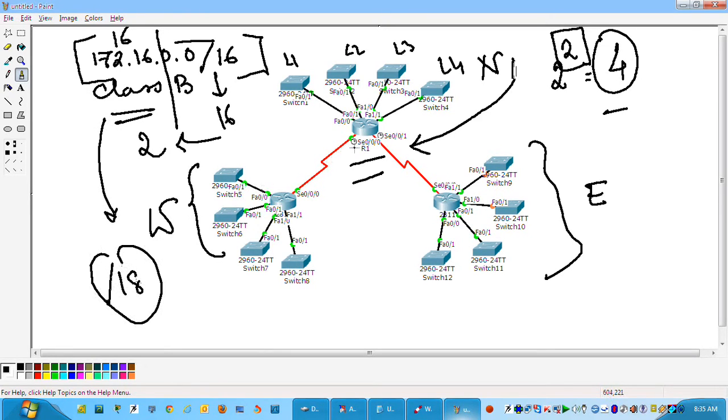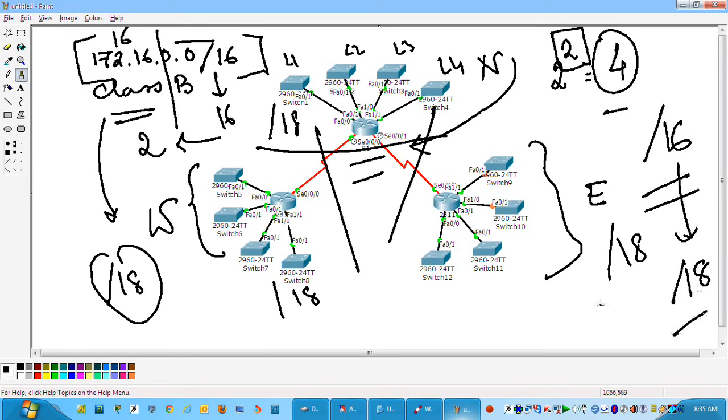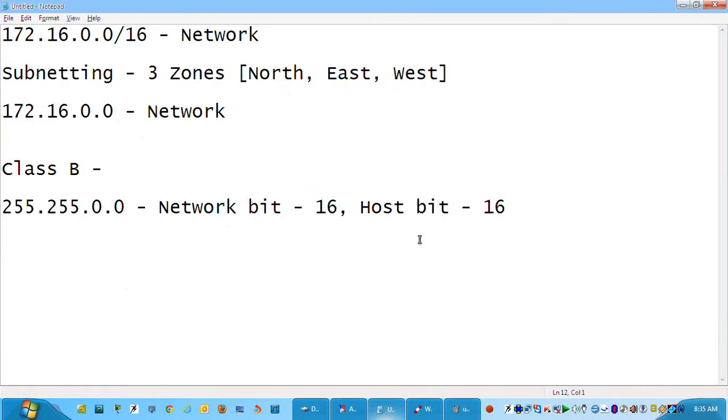So all those subnets in these 3 regions will be /18, this will be /18, and this will be /18 as well. How to calculate? What do I mean by /18? From /16 to /18, what do I mean by that? Okay, let's calculate.